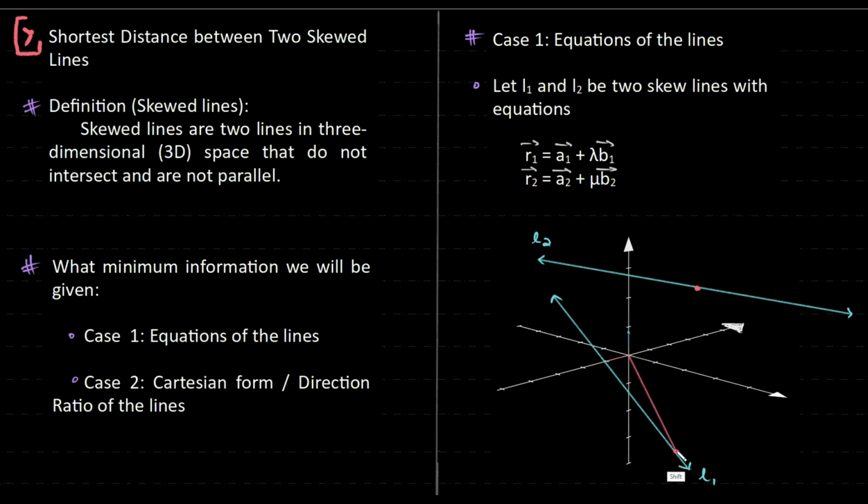Actually, their position vectors pointing to two points on the lines. So A1, this is A2. And say this is B and that's A. Right? And what are B1 and B2? They are to do with direction. Is it not? They have to do with direction.